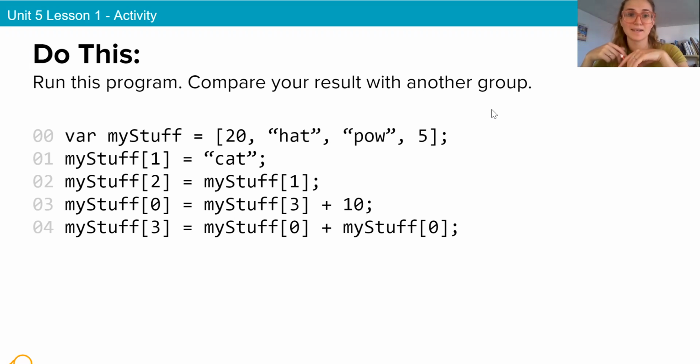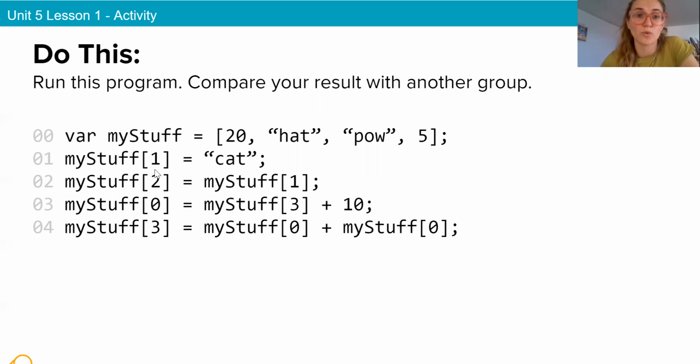Then the first line, myStuff[1] = "cat". So I'm going to look at the index number 1 of the list, and I'm going to assign the value of that to cat. So right now, 20 is index 0, hat is at 1, pow is at 2, 5 is at 3.